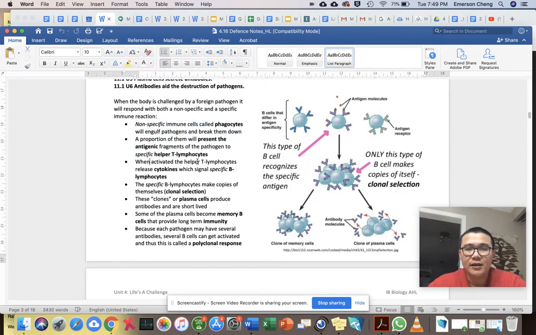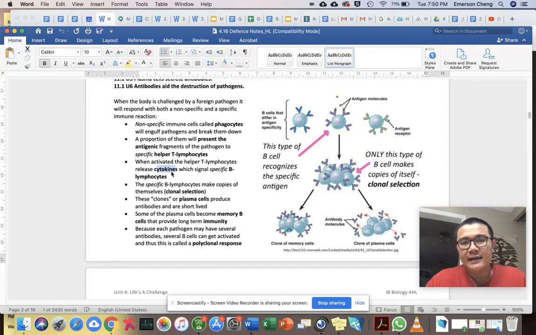So when activated, the helper T cell releases cytokines. For those of you who watched the videos I suggested in the coronavirus playlist, there's one video that was presented mainly to talk about the pathogenesis, basically the disease development. The guy in that video talked a lot about cytokines or interleukins and stuff like that.